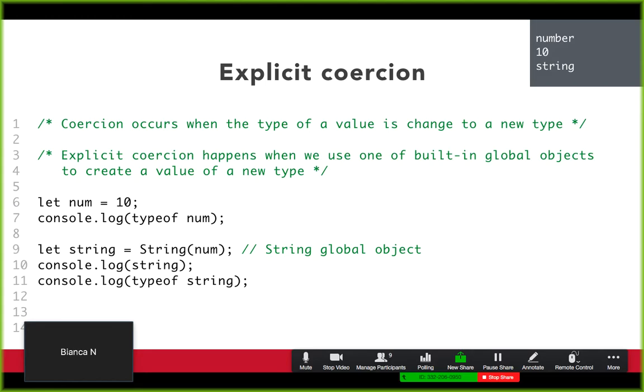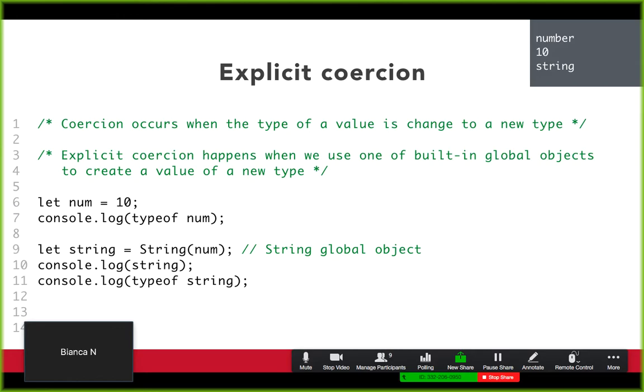So on line 10, when I console log out string, lowercase string, I actually print out something called 10, which you also see in the right-hand corner of my screen. But when I do typeof string, I actually get back string, because the type of it is now a string rather than a number.